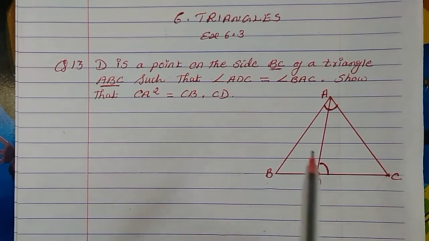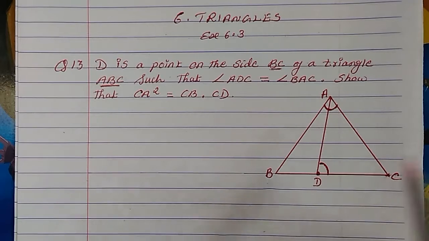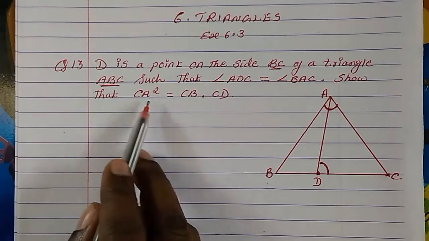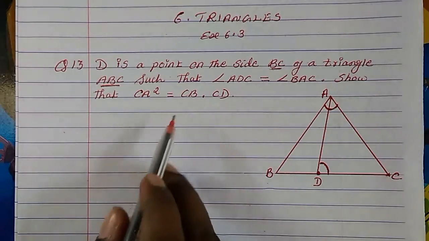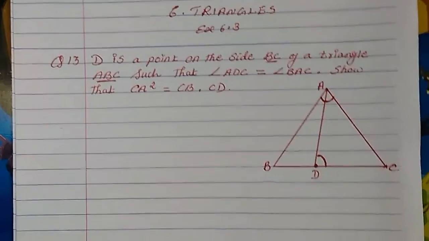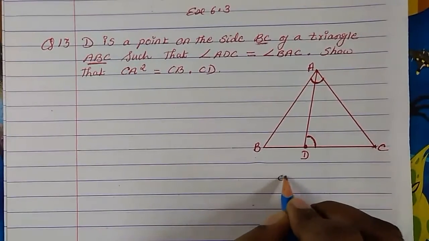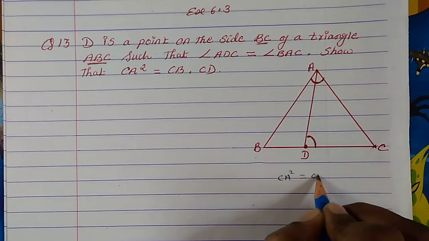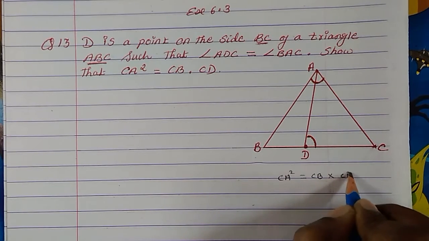So first of all, let's find out what are these triangles. First let us take CA square equal to CB into CD.